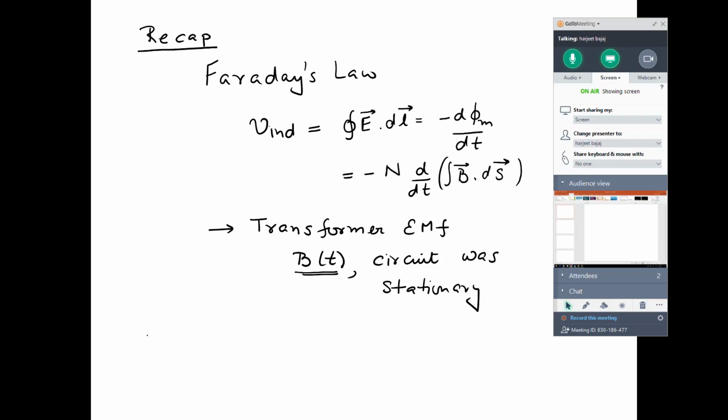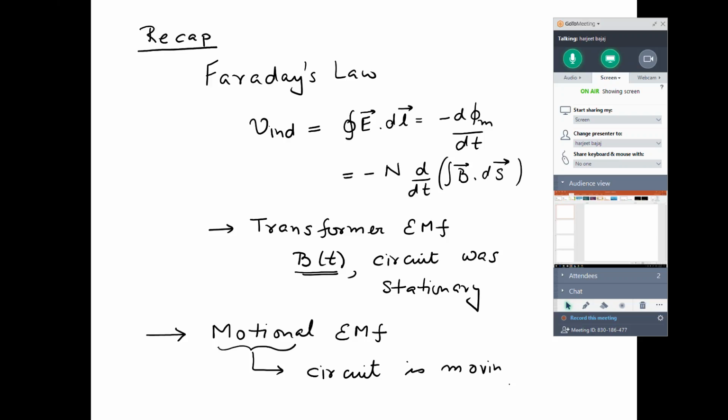Today, what we are going to do is extend this quickly to motional EMF. We're going to see how we can calculate it. There are two different methods we can use to calculate it. But motional EMF, as you can see from the name itself, means that the circuit is moving in a constant B field.